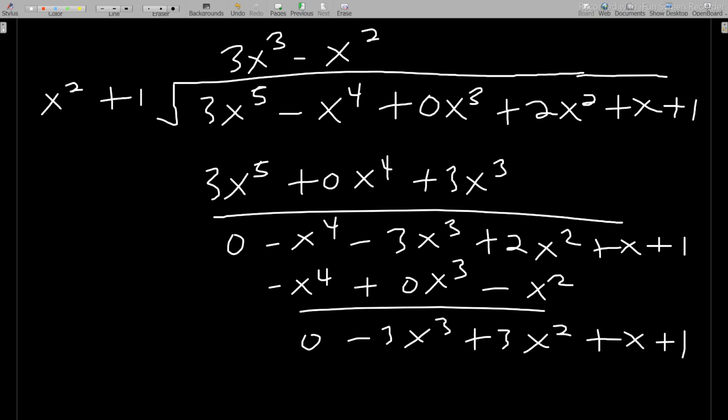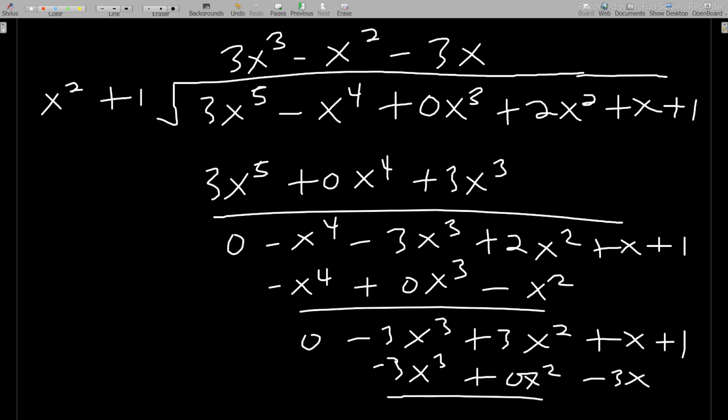So you continue like that. s squared will go into this minus 3s. Then multiply it through again, so you get minus 3s cubed and plus 0s squared, then minus 3s. So you subtract again.